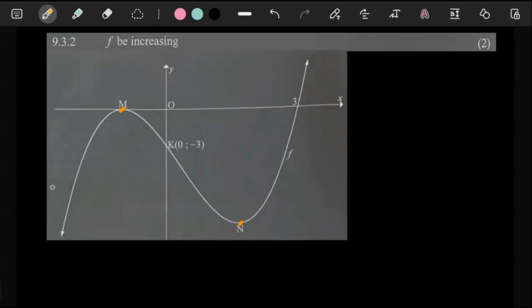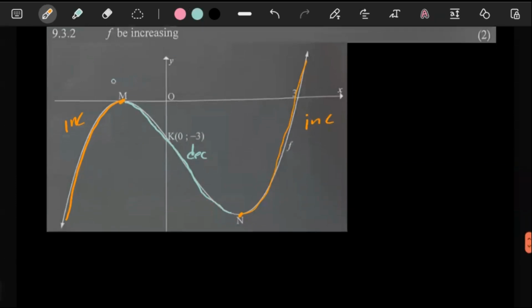So from the left going to the right, anytime you're going upwards, this is the part where the graph is increasing. And anytime you're going down, this is the part where the graph is decreasing. And then again, from the turning point here, it's going to be going up, so this is where it's also increasing again.